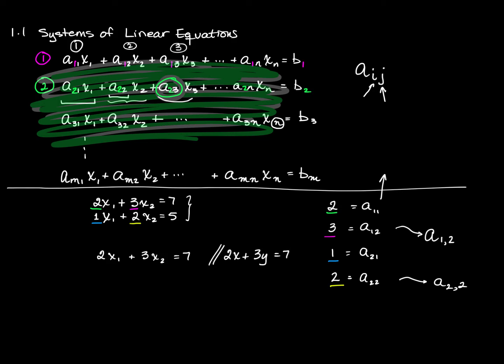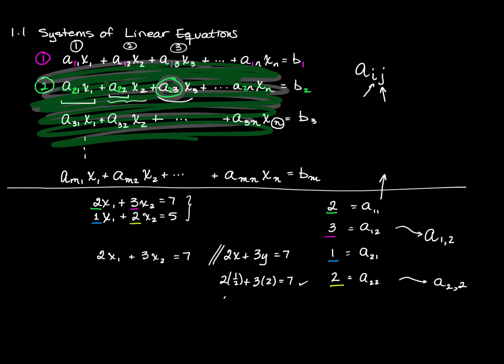There are multiple potential solutions to this equation because there are 2 variables, but there's only one equation. For example, I might have y equal to 2 and x equal to a half. That's going to give me 1 plus 6 equals 7. So there's one solution to that equation.